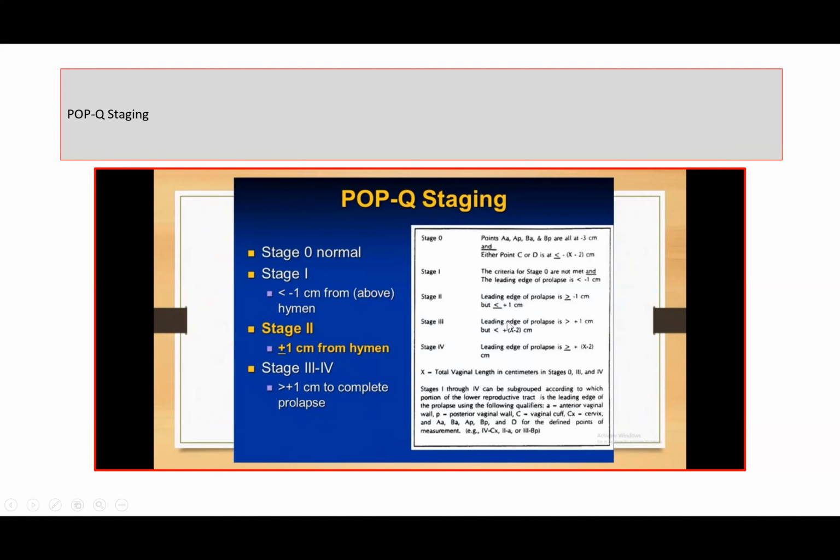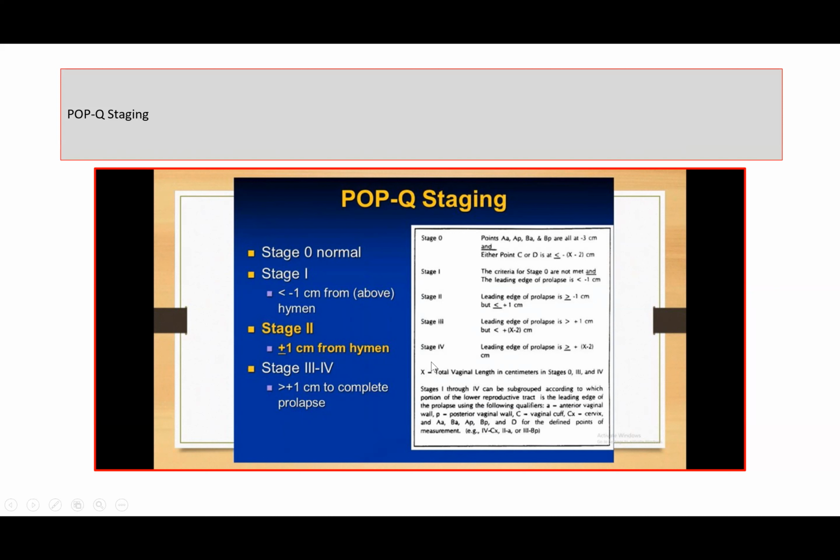Stage 3 is where the leading edge of the prolapse is more than plus 1 centimeter, but less than total vaginal length minus 2. So if total vaginal length is 10 centimeters, so it will be 10 minus 2, that is 8 centimeter. Less than 8, so it will be plus 1 centimeter to less than plus 8 centimeter.